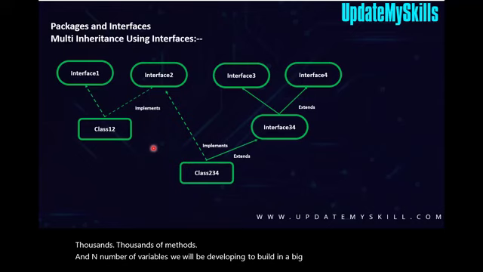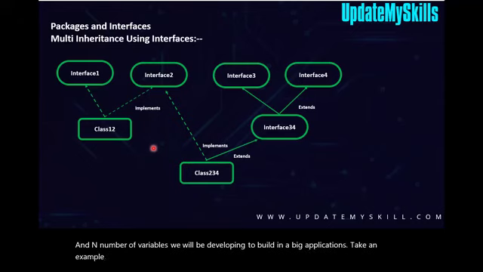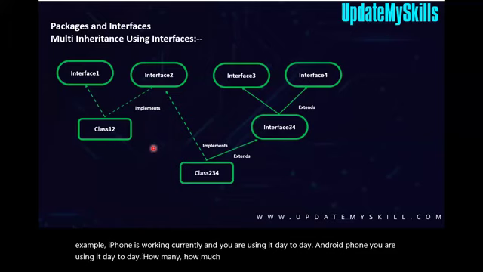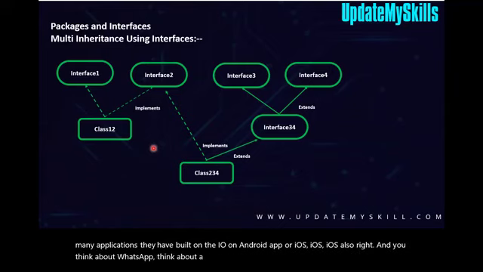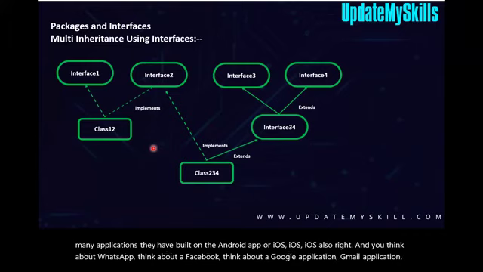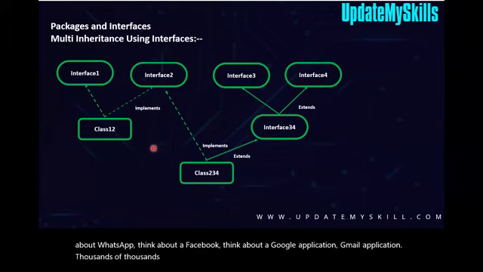Take an example: the iPhone is working currently and you are using it day to day. An Android phone, you are using it day to day. How much of an operating system have they developed? How many applications have they built on iOS and on Android? And think about WhatsApp, Facebook, Google applications, the Gmail application. Thousands of lines of development have been done.